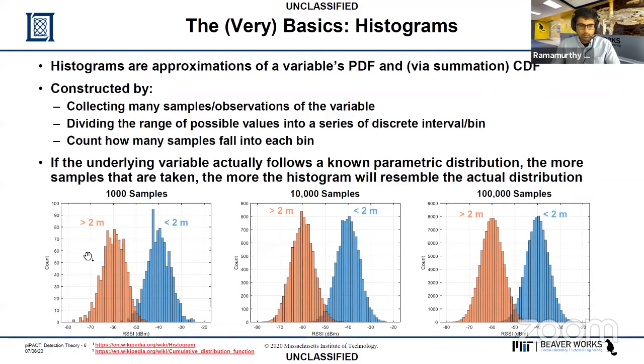So what I have here on the left is I've taken 1,000 samples for each of 2 cases, and we'll go into what those are. And I basically discretized this space between -80 and -20 into 1 dBm size bins. So the width of every single one of these bars is 1 dBm.